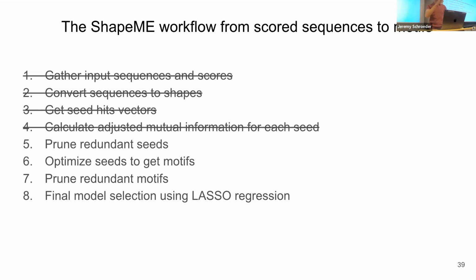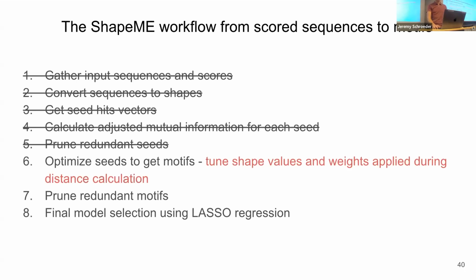It's conditioned on one. It just says, does this next thing provide additional information to the model that the first did not? And that's how we prune the redundant seeds. Then we go through an optimization routine to tune every seed's shape values and the weights that are applied to those values when we do a Manhattan distance calculation.